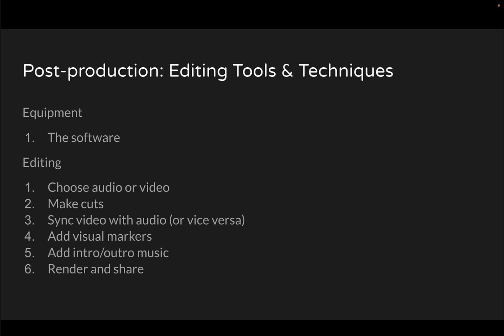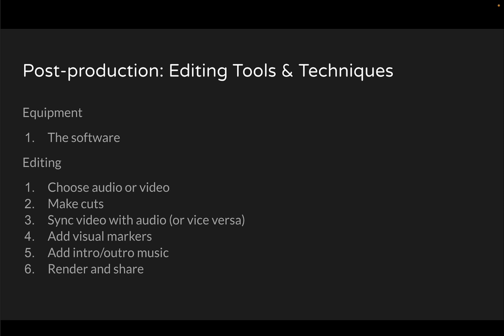Number 4, add visual markers. So these are things like transitions between sections, or maybe even title slides or title transitions between sections. You can add things like intro and outro music. Make sure that there is an open source license that you're using.